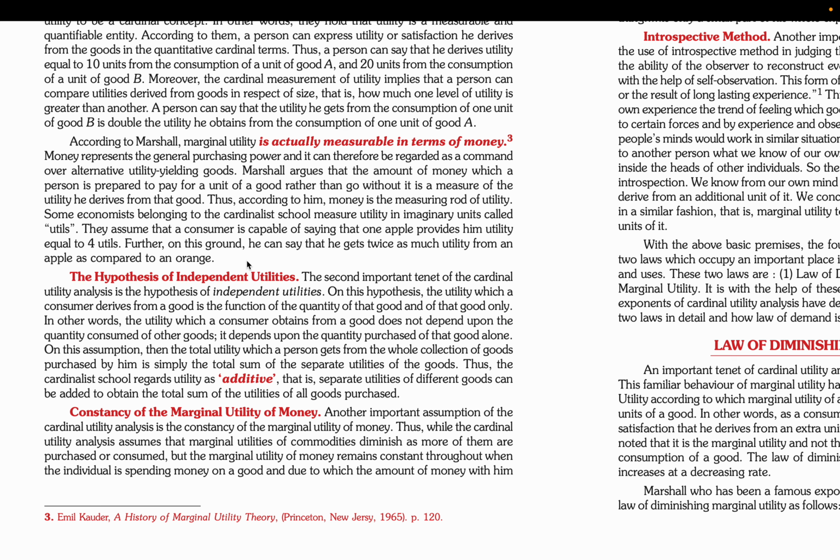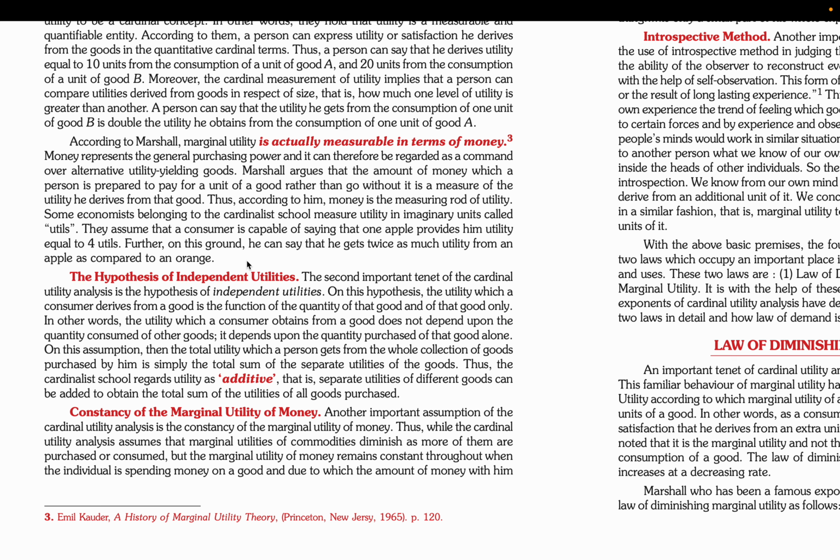So, what cardinal utility is basically stating is that you can somehow measure in quantitative terms the amount of utility you're deriving from a particular good, or make a comparison, and Marshall says that it's actually measurable in terms of the amount of money you're ready to spend on a particular good or a unit of good.